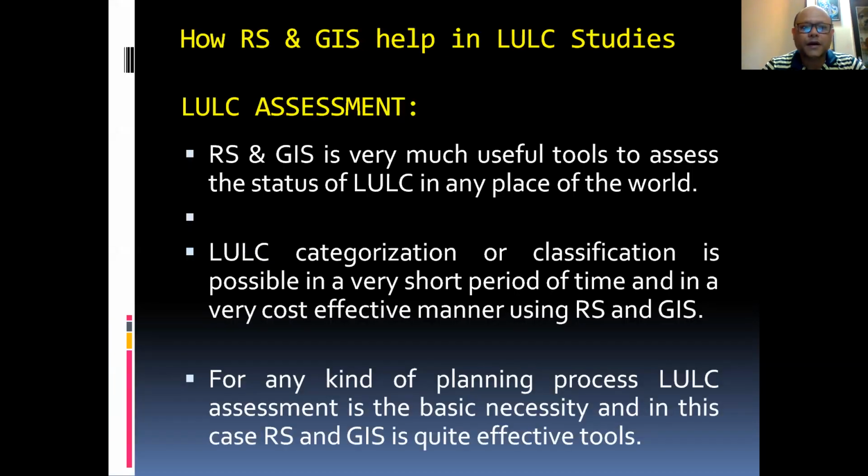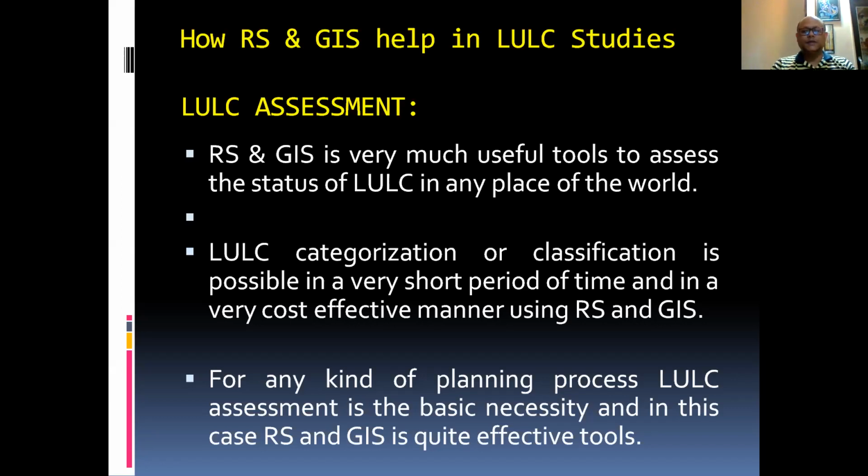So how do remote sensing and GIS help in land use land cover studies? I know you already understand what is remote sensing and what is GIS. So how do these tools, remote sensing, GIS, or geospatial tools as a whole, help in any kind of land use land cover studies? First of all, we should understand land use land cover assessment.